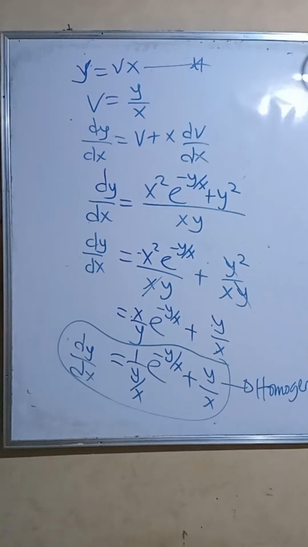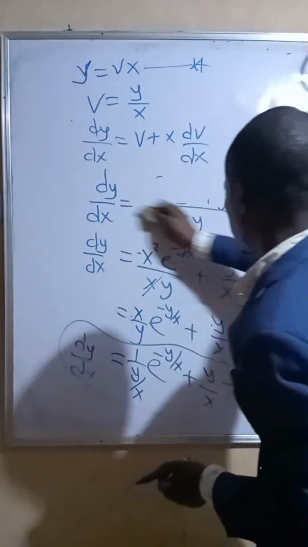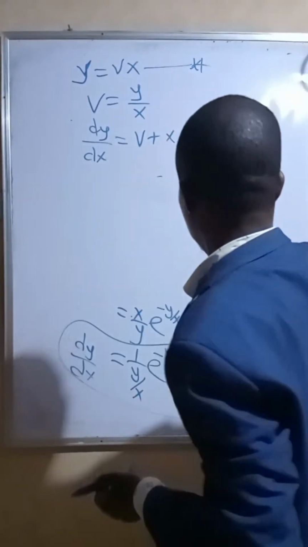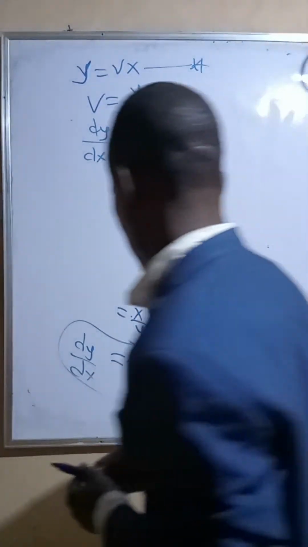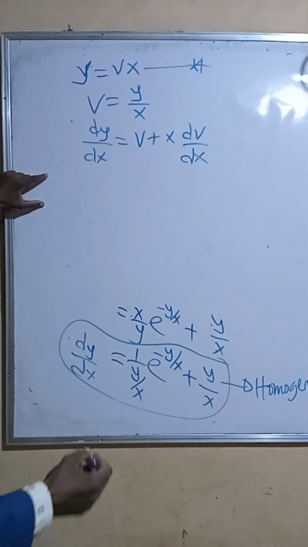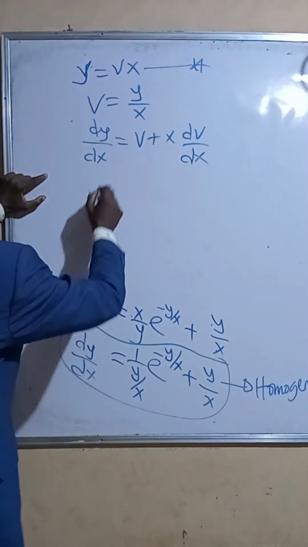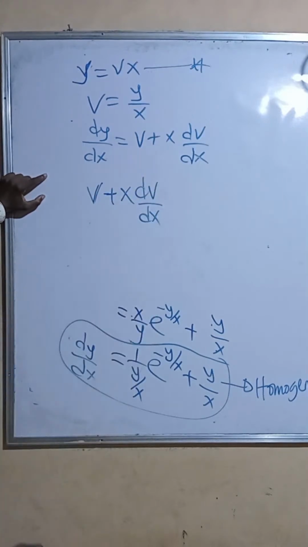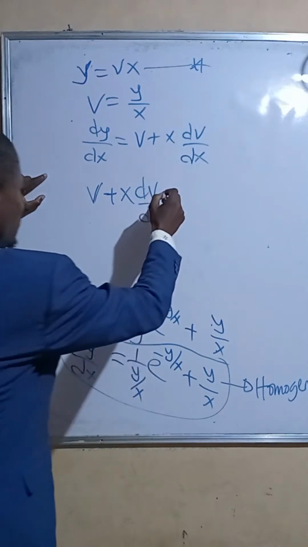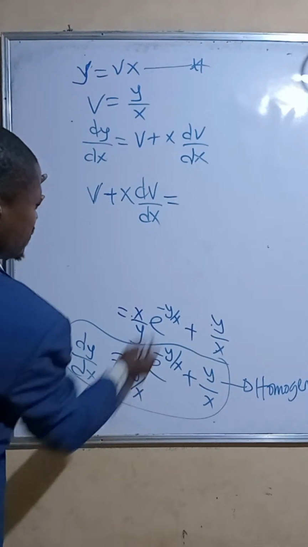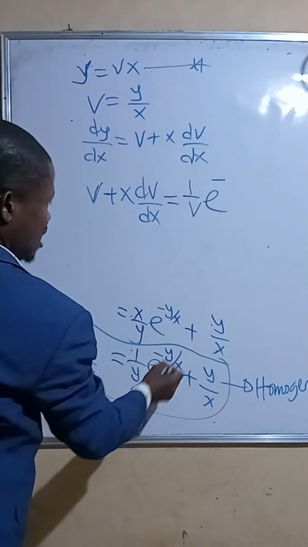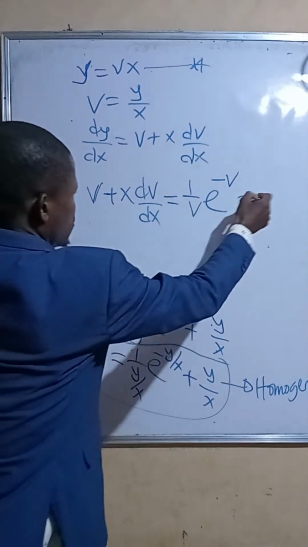So you're going to have dy/dx, which is v plus x dv/dx, equal to 1 over v e to the power v, plus v.